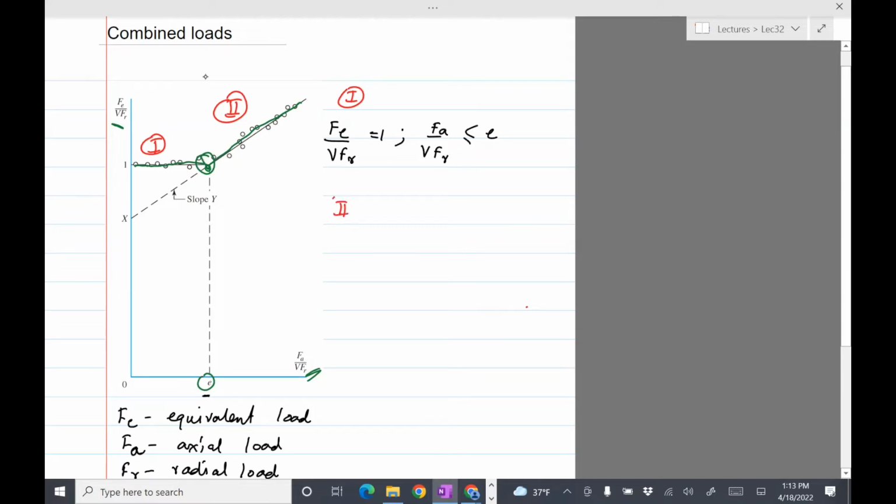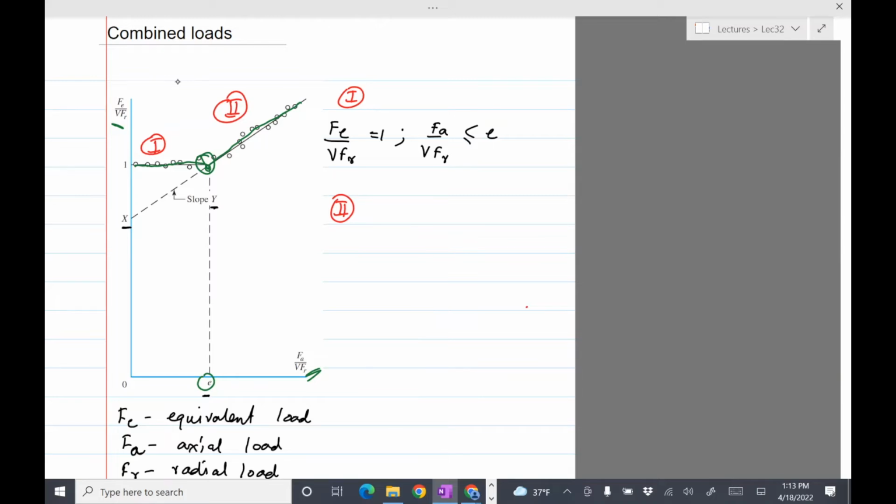And for the second part of the curve, we have an equation of a straight line. The straight line is such that its slope is denoted as capital Y, and its intercept on the y-axis is denoted as capital X. It's a little bit confusing. The y-intercept is denoted X and the slope is Y, bear with me, because this is how it's used later on when we have a table which gives you the values for X and Y. So we can write the equation for part 2 as follows.